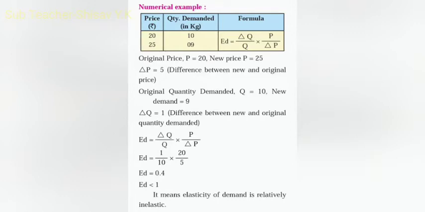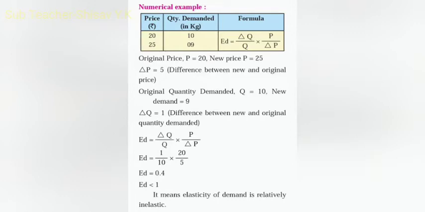So original price P is equal to 20 and new price is 25, so delta P is 5. Original quantity demanded Q is 10 and new is 9, so delta Q is 1.